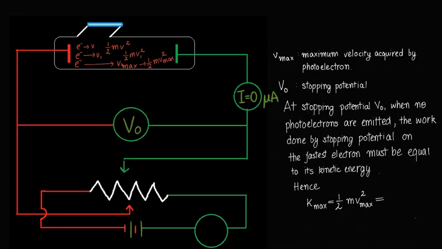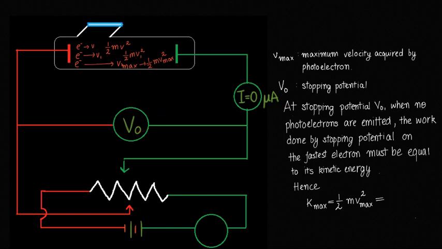Now this is also a similar case. In that lesson 47, the potential was forcing the electrons to move. But in this photoelectric effect, this potential is stopping the electron from moving. So here also, what will be the work done?